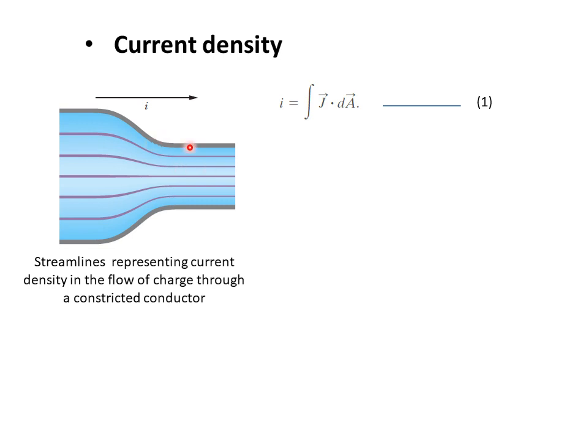You see the conductor's shape is different in different places. Here it is wider and here it is narrower. So the current, as we stated earlier, will remain conserved, it will remain the same for both cross sections. It means the flow of charge carriers here will be equal to the flow of charge carriers here.